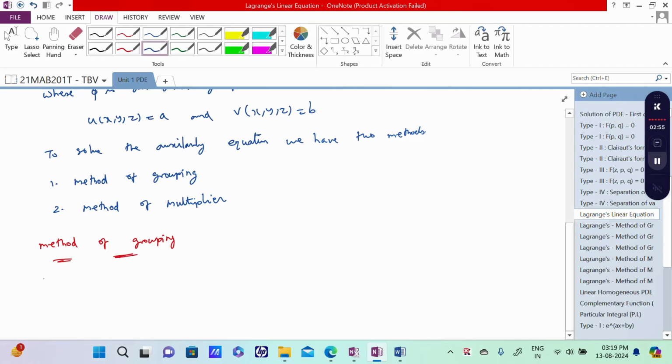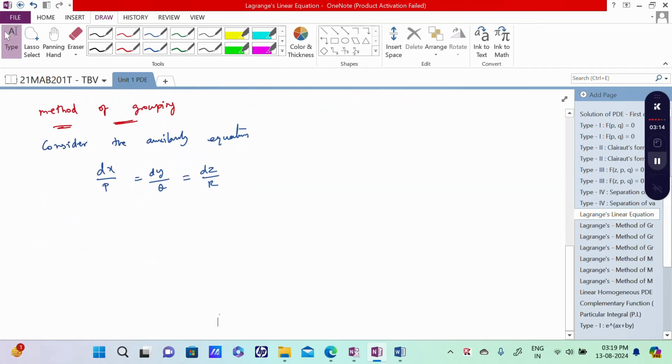Consider the auxiliary equation dx by P, dy by Q, dz by R. So this is our auxiliary equation.